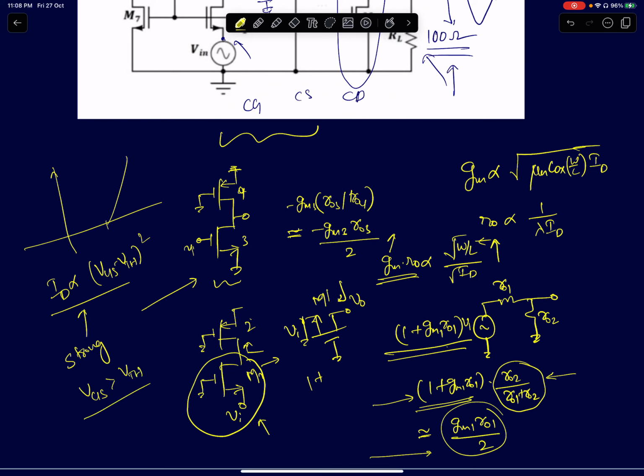It's usually at least 150 to 200 millivolts and above. Okay, then we say the device is in strong inversion and the square law characteristics hold true, and these equations work fine.